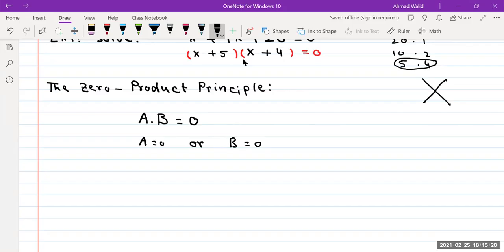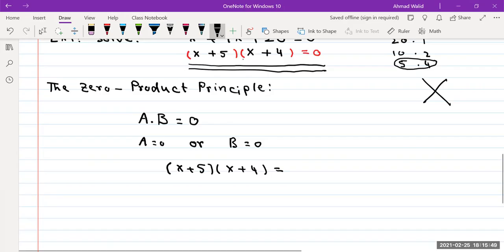Now, we are using this principle to solve the resulting equation after we factor. How? I'll explain it here for you. You had x plus 5 times x plus 4 equals 0. If I think of my first parenthesis as A, and my second parenthesis as B, I have A times B equals 0, you see?